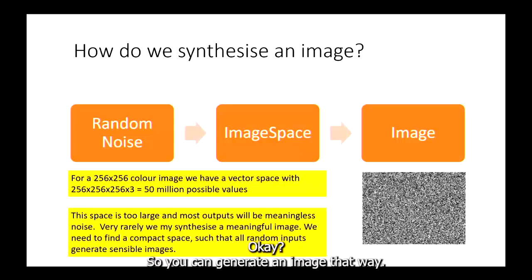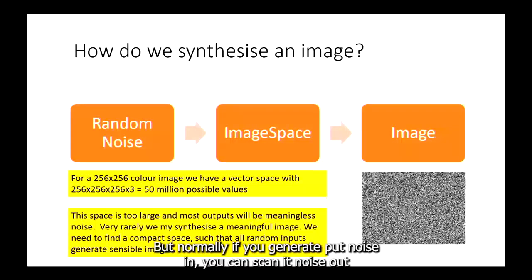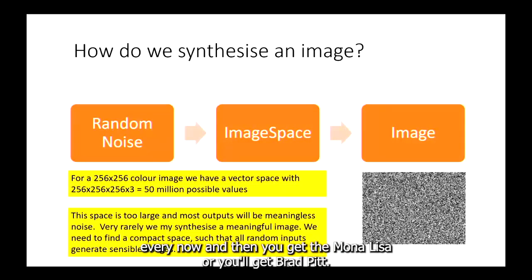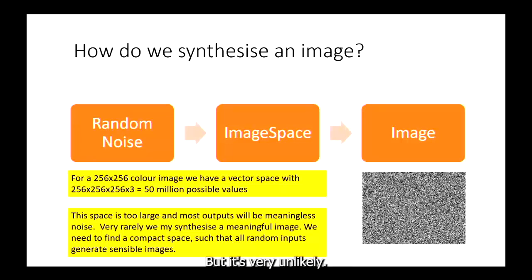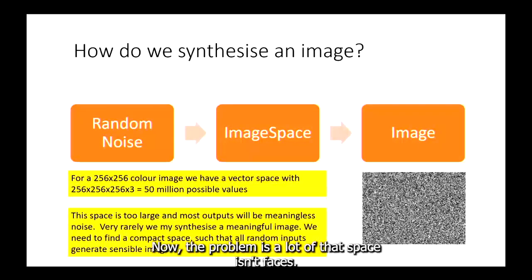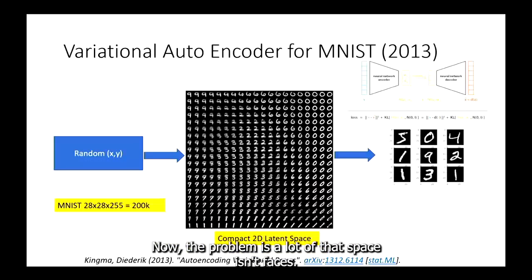So you can generate any image that way, but normally if you put noise in, you're going to get noise out. Every now and then you'll get the Mona Lisa, or you'll get Brad Pitt, but it's very unlikely. So the space is huge, and the idea is we can synthesize any possible image by just using a random number generator. Now, the problem is a lot of that space isn't faces.